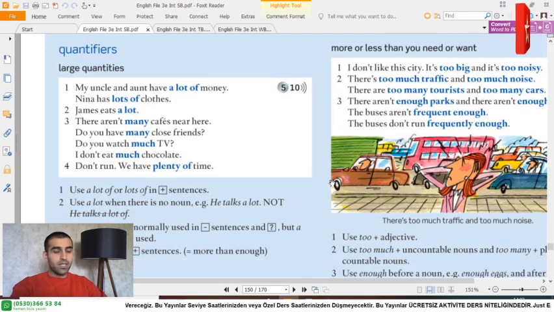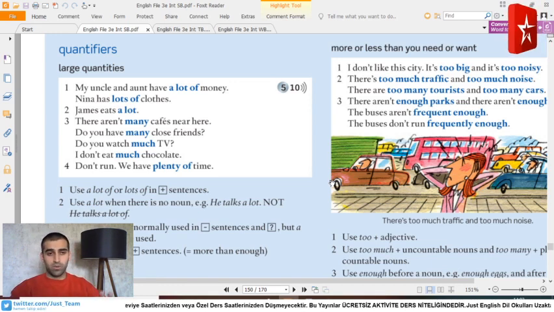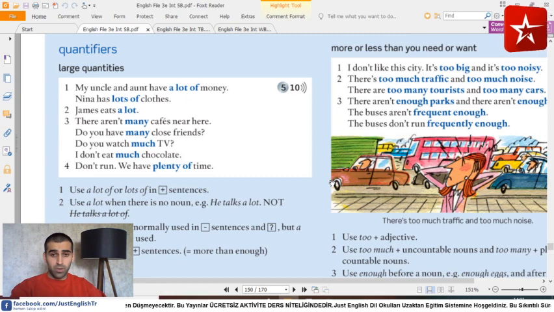Before starting the grammar, if you have any question, please leave a comment and write your questions and your answers to my questions. Firstly we will learn, and then we will have exercises for large quantities, small quantities, zero quantity, and more or less than you need or want. So let's start with the large quantities.